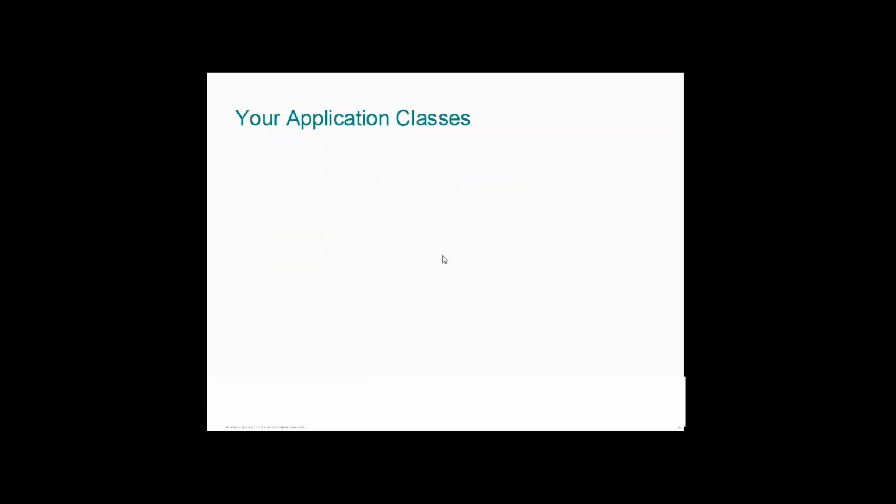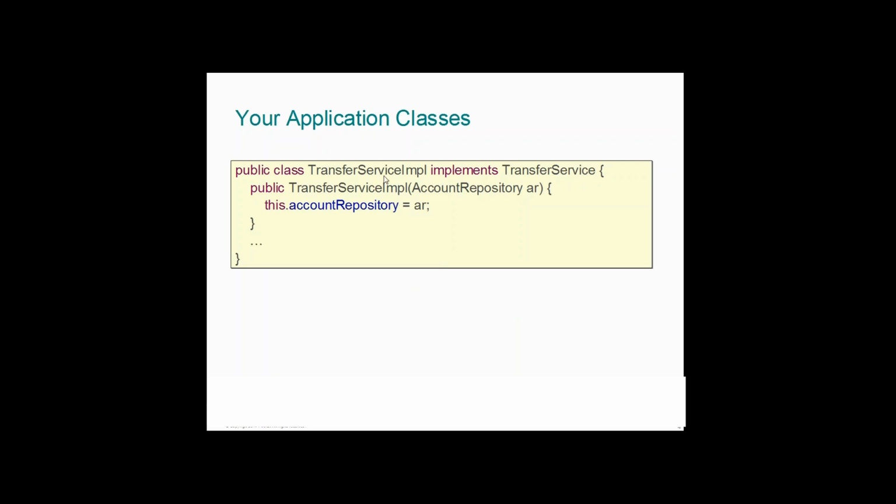The way it works is, let's say I have this transfer service implementation, which is an implementation of a transfer service, where I have a constructor that takes the account repository. Now the dependency is injected through a constructor, and I have already created an instance variable. Account repository is an instance variable, and what I pass in the constructor gets assigned to the instance variable. This is a dependency to be injected at runtime.